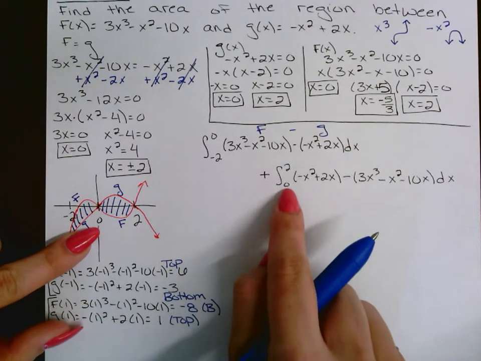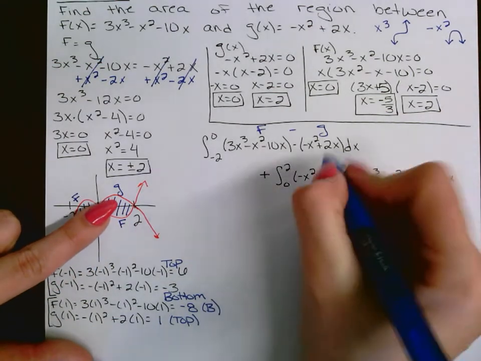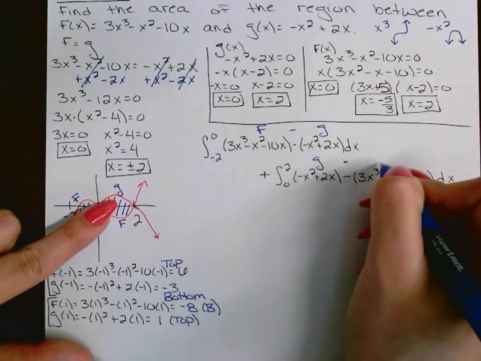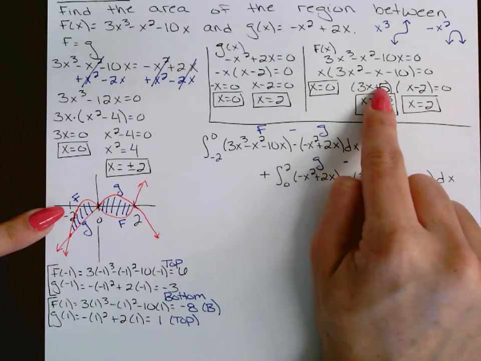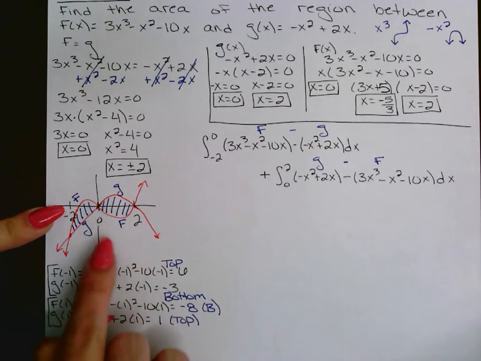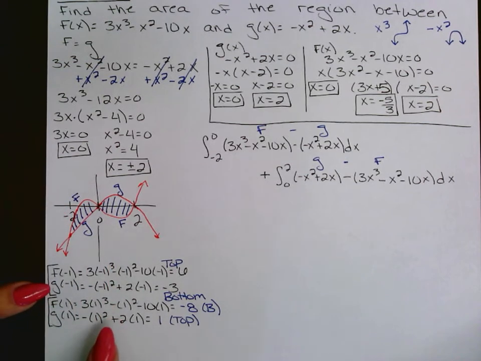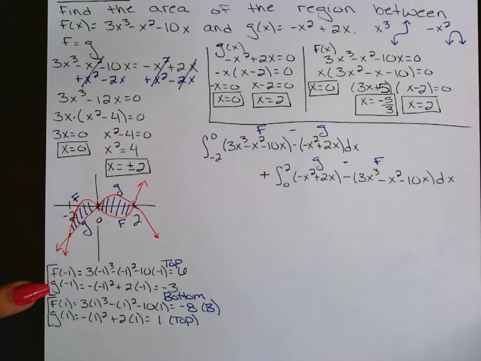And then from 0 to 2, we have G minus F. So again, this drawing and this math up here is not necessary. This is just an additional help in case you want more of a visual. But with testing a number in between, you can figure out your setup.